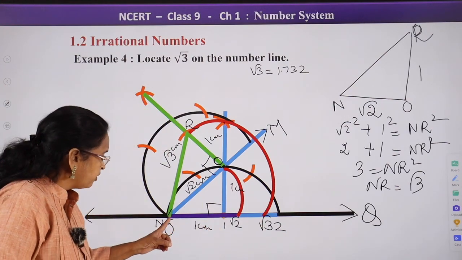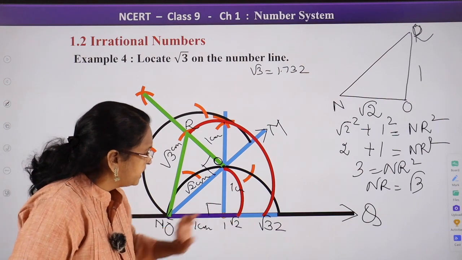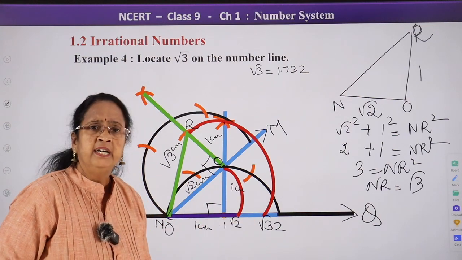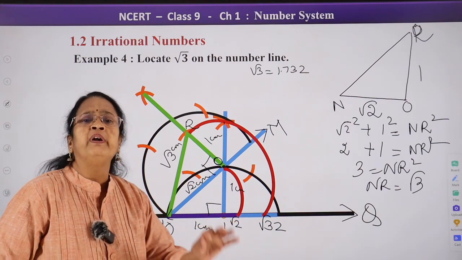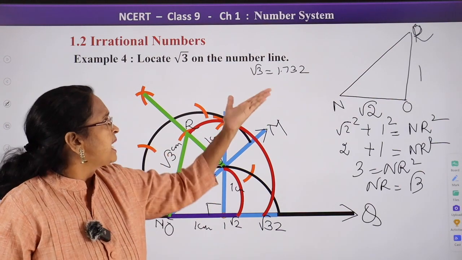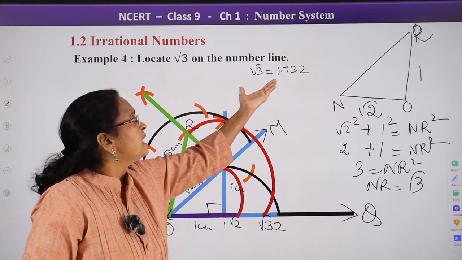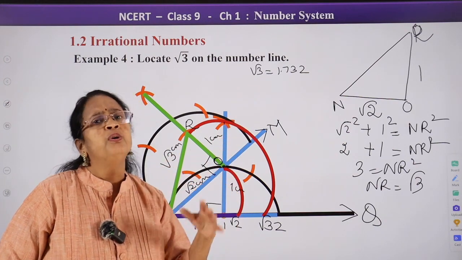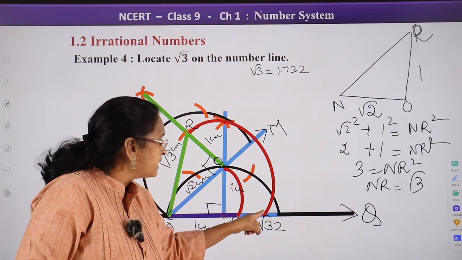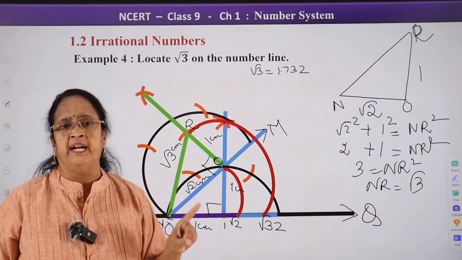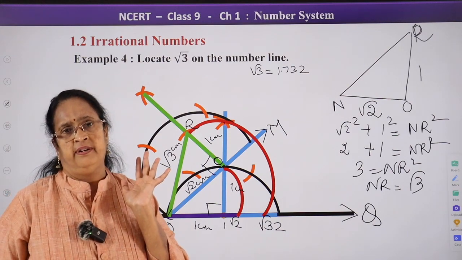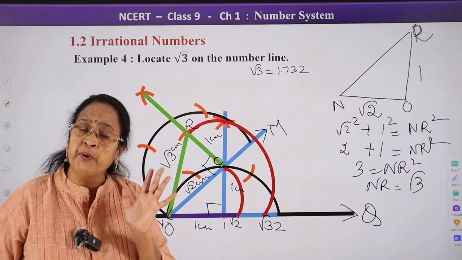Please take 0 and measure till here, where the arc has cut the line. Measure, you will definitely get 1.7. Please round off to 1.7 because after 7 it is 3. So 1.7. You will definitely get the arc cutting the baseline at 1.7. Alright, so this is the proof.